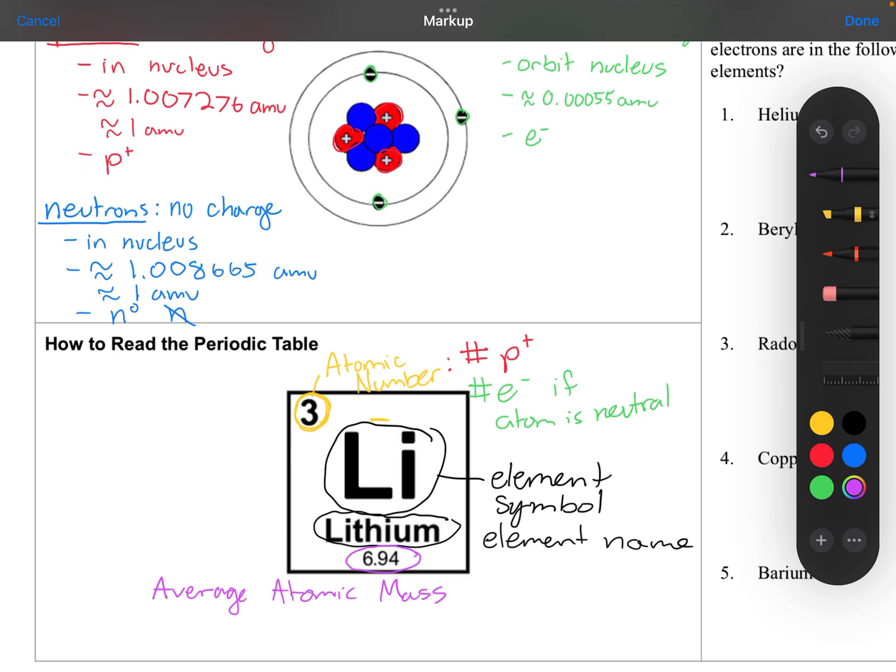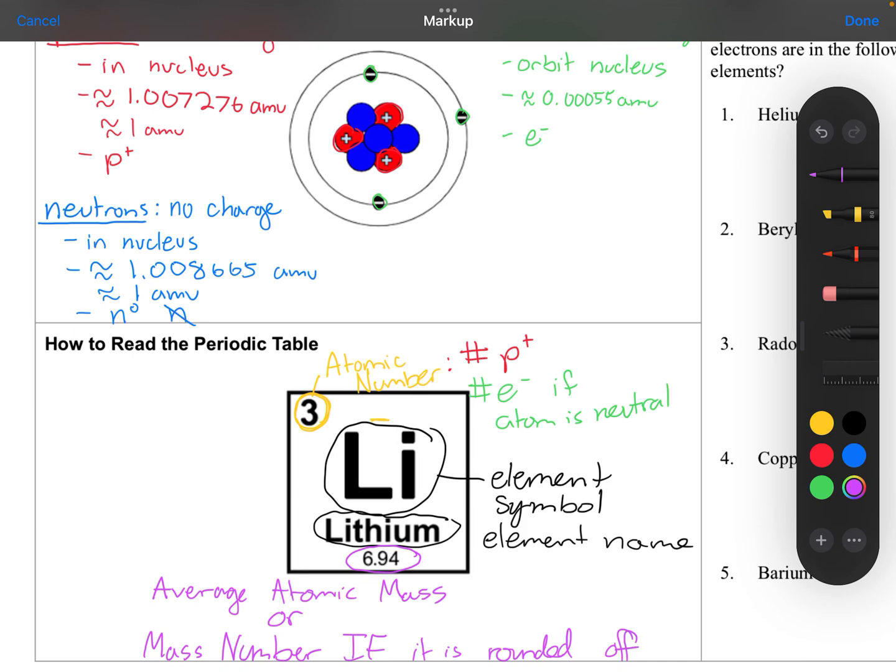However, if I round off 6.94, if I were to round the average atomic mass off to the nearest whole number, it would turn into a mass number. All right?